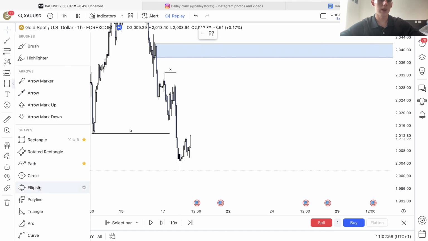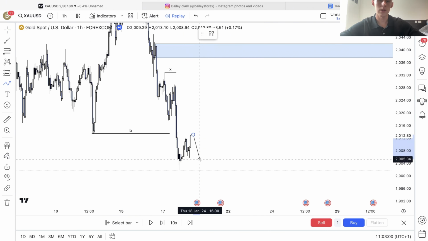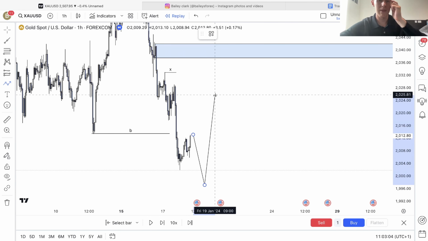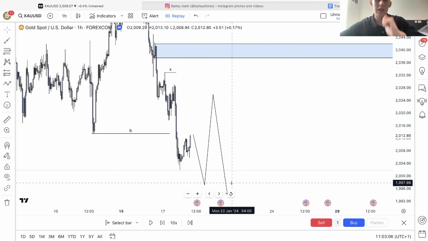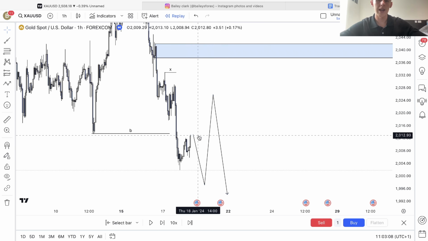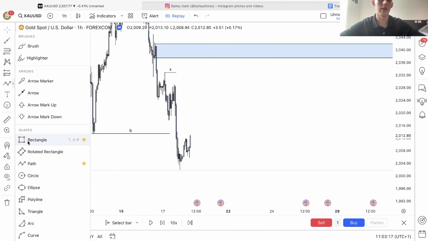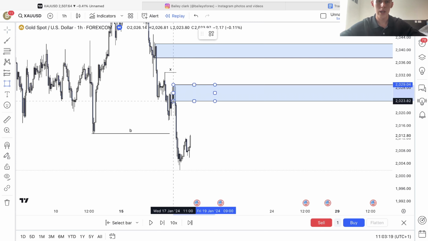If instead price had done something like this, I would have counted this supply as a valid point of interest, because if it had done this, we would have had a liquidity area resting below it. But since there is no liquidity between where price is now and this area of supply, this area of supply is not a valid point of interest.